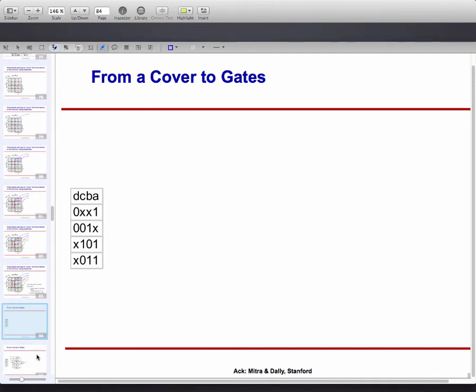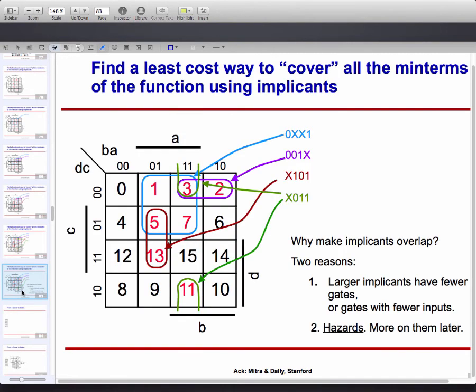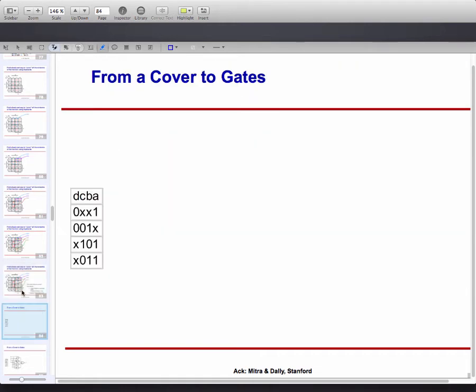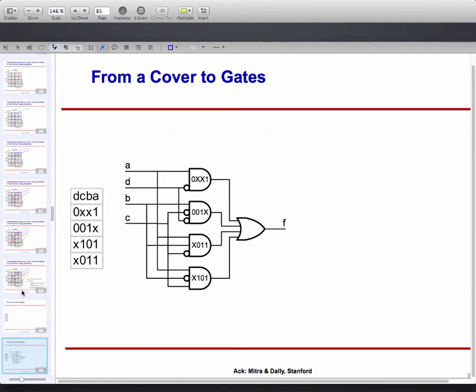Right now, once we have our cover, this minimal efficient covering of all our minterms, then we can basically map things to gates. So we had these 4 entries: 0xx1, 001x, x101, x011. And we can map them to gates like this. We discussed earlier that this implementation has a total cost of 15.